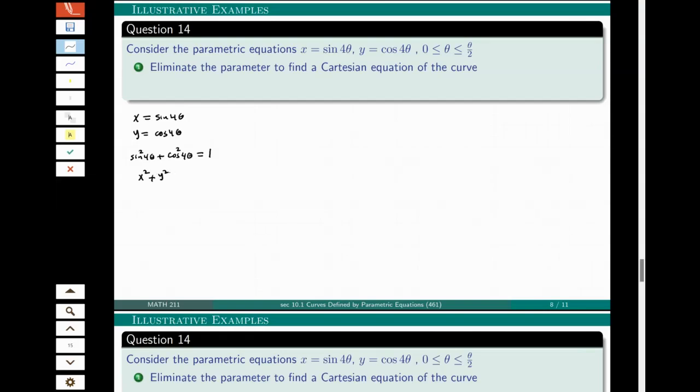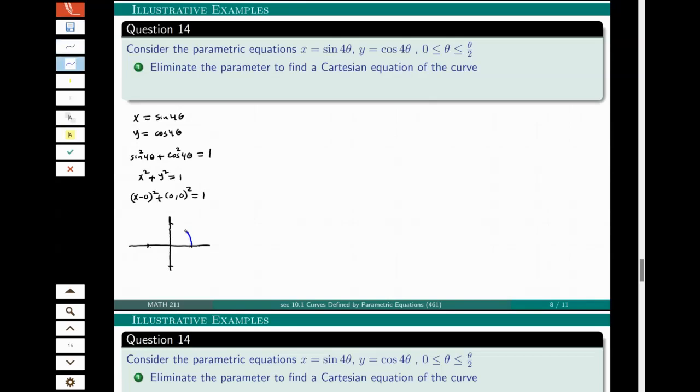That will mean x squared plus y squared is equal to 1, and that is a unit circle centered at 0 and 0. So the graph will be 1, 1, and that will be 1 and 1.